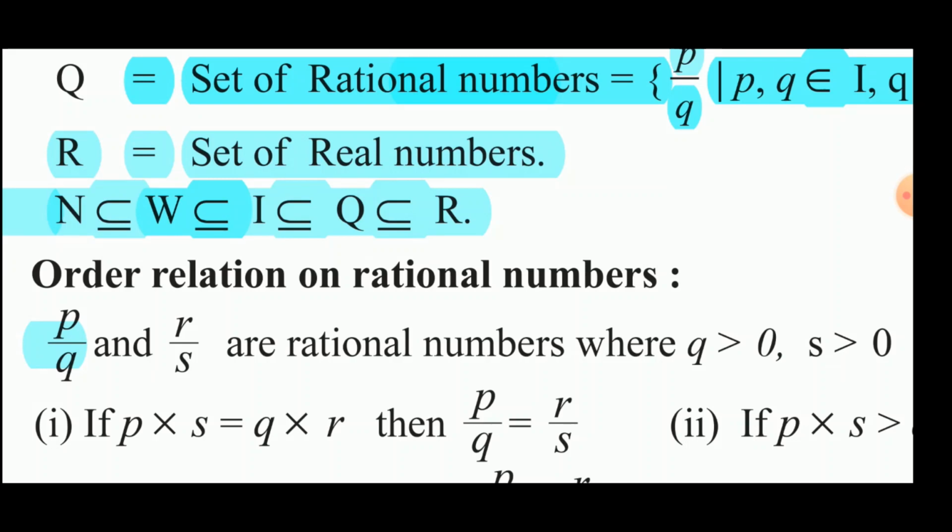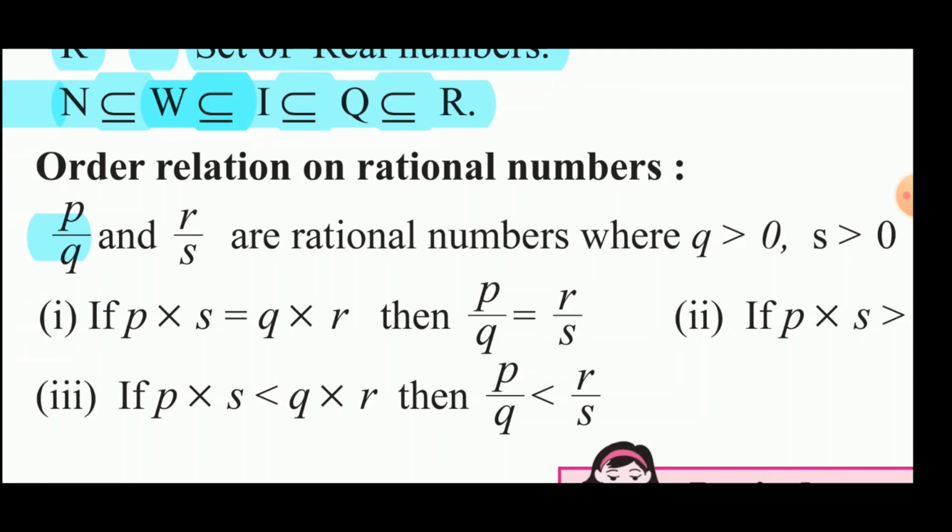Next is the order relation on rational numbers. Order relation means that when we are comparing two fractions, we cross multiply. Like here, p upon q and r upon s are the fractions. In order to compare them, we cross multiply p upon q and r upon s.